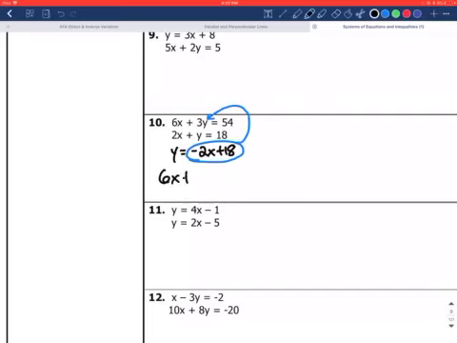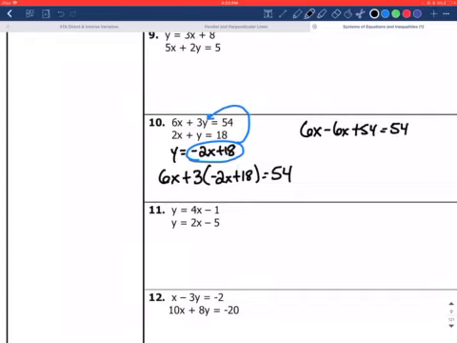So that will be 6x plus 3 times negative 2x plus 18 equals 54, and this will be another one of those special cases. So 6x minus 6x plus 54 equals 54. So here is one of the cases where those variables canceled out, and we have 54 equals 54. That is a true statement, yes.